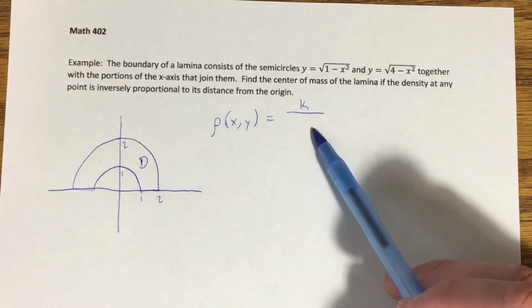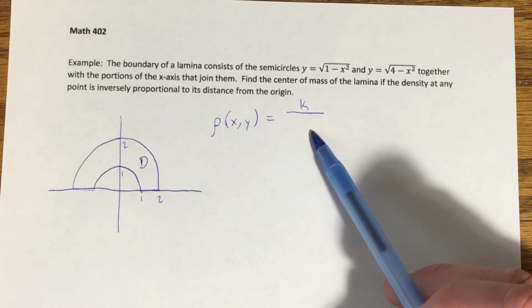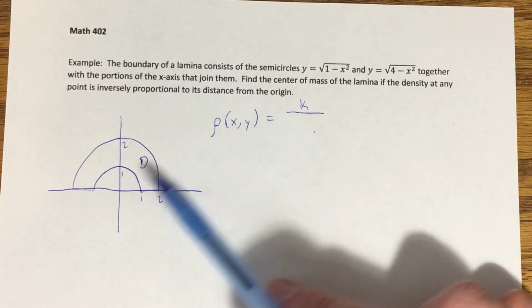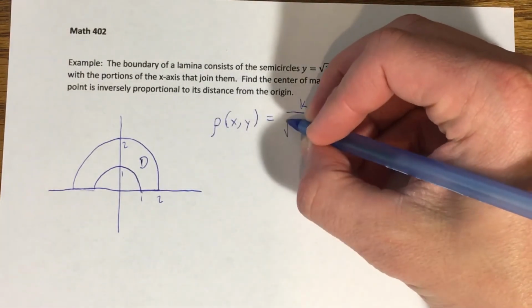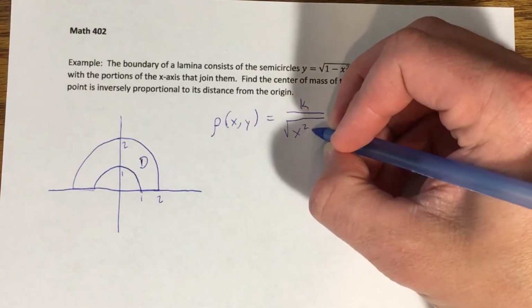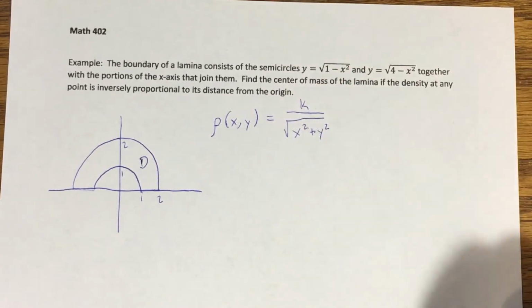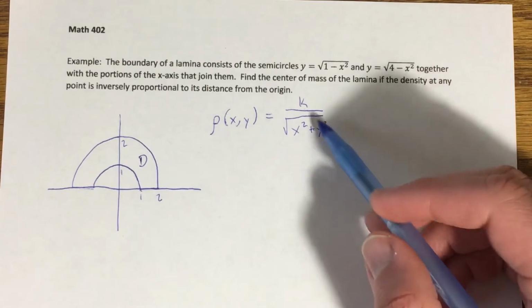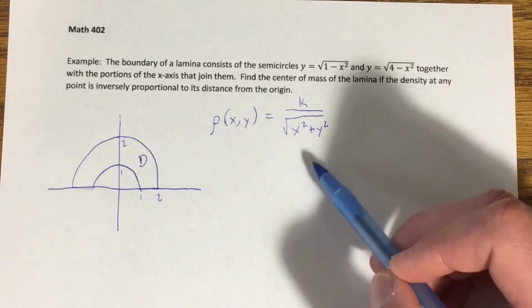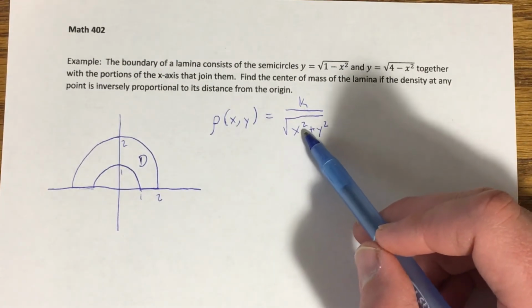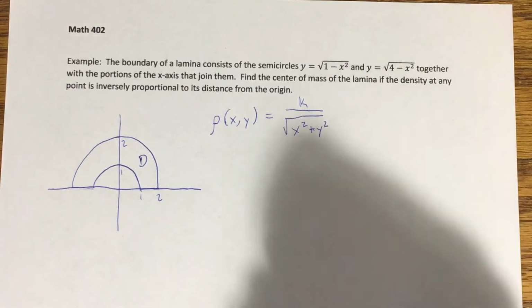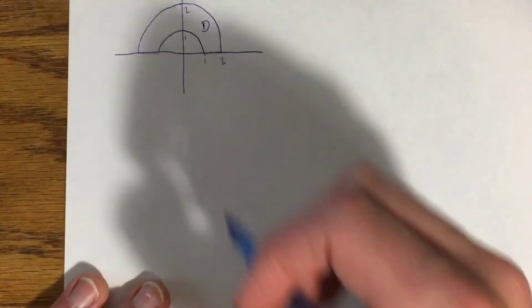It's k over some expression that represents the distance between the point xy and the origin. Well, we know that that would be given by the square root of x squared plus y squared. That's our density function right there. However, if we're going to convert this to polar coordinates, this will look a lot nicer in polar coordinates. Let's start by setting up an integral to solve for m.